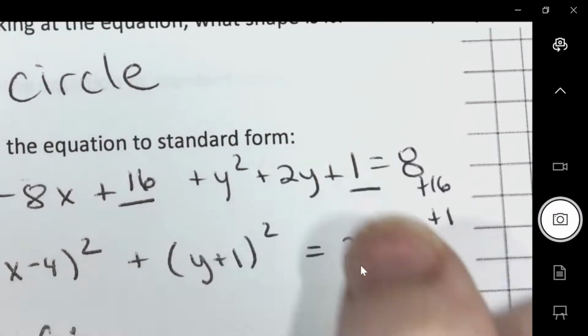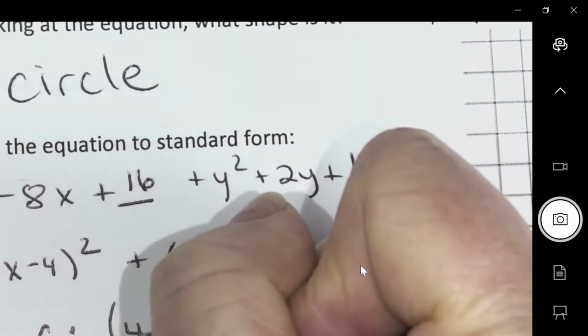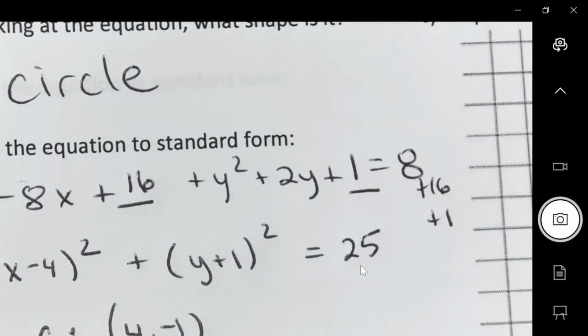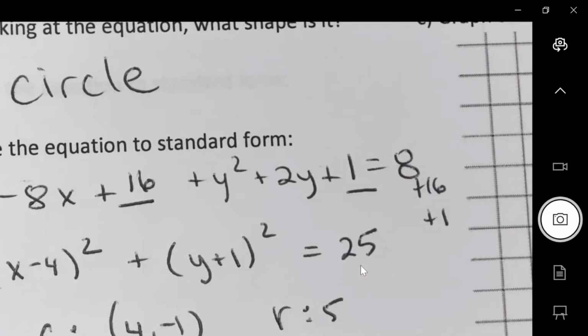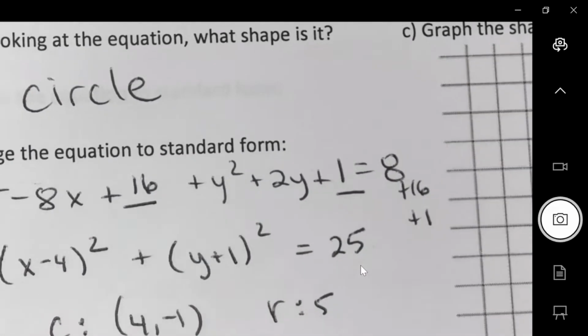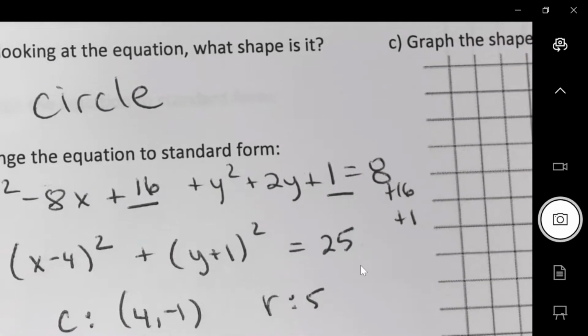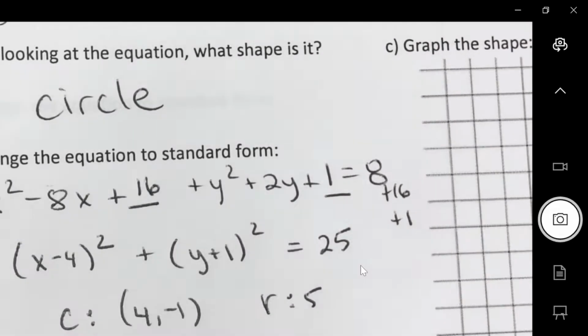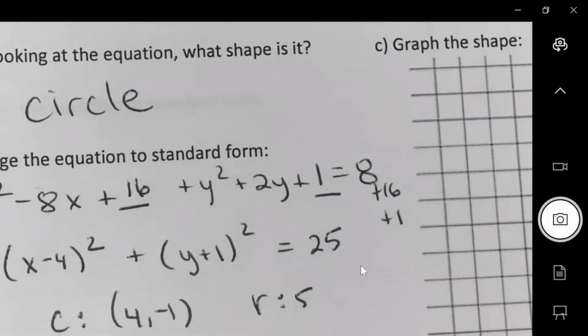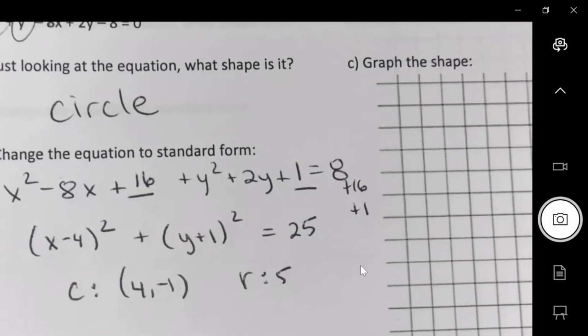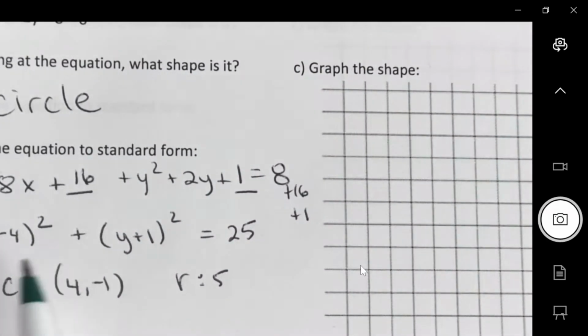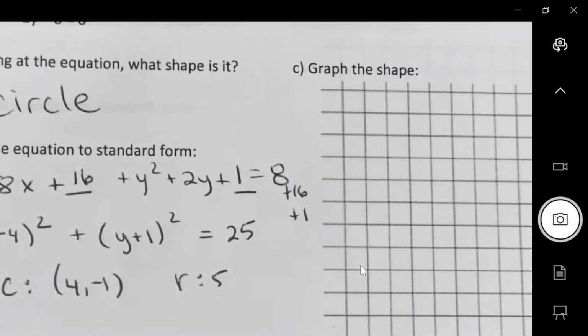Okay, so now I know the center is 4, negative 1. That's good. And the radius is 5. Why do you know the radius? Because this is r squared. So if you wanted to look on your formula sheet, it'll say r squared on that side.